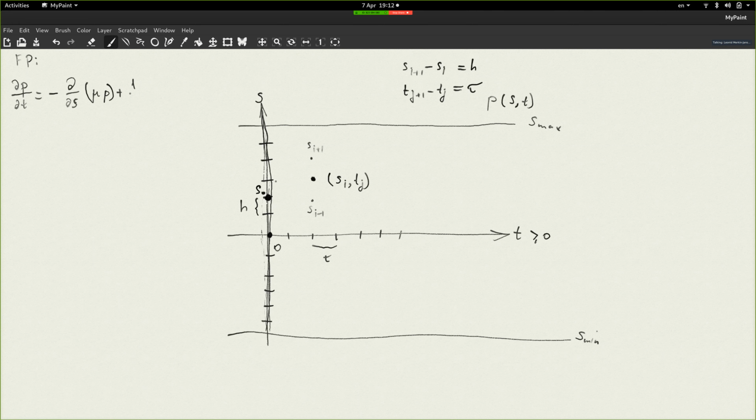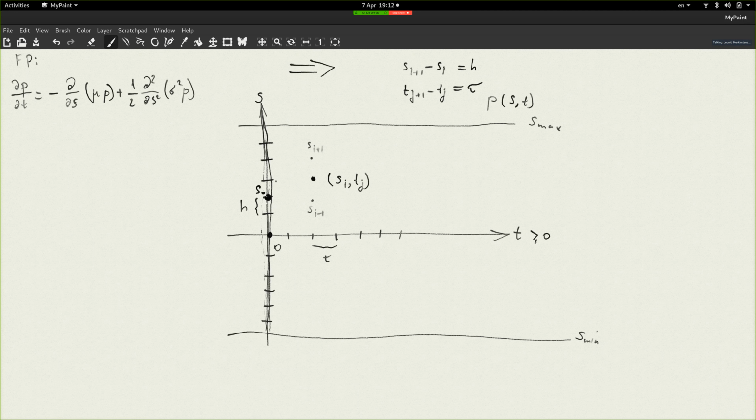What we do, we solve this equation by time forwarding, moving forward in time. Obviously, at time t equal to 0, our solution is known, right? What is our solution? We know that at point S0, the solution is what?